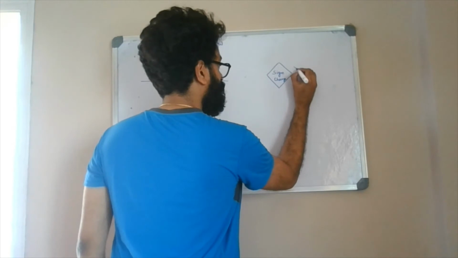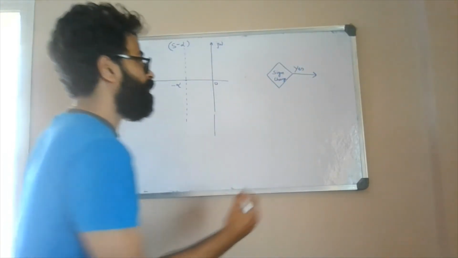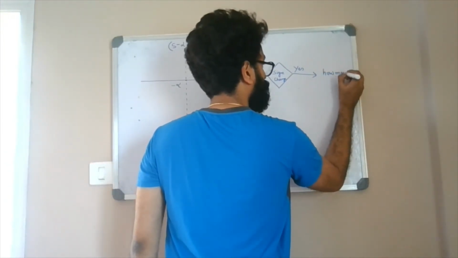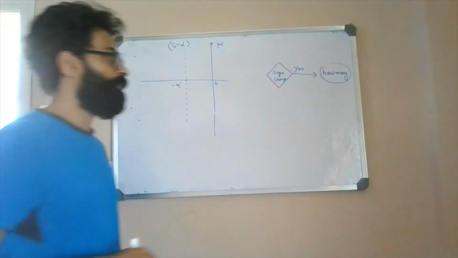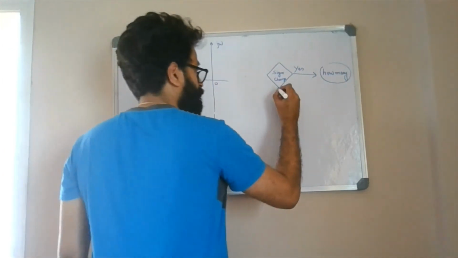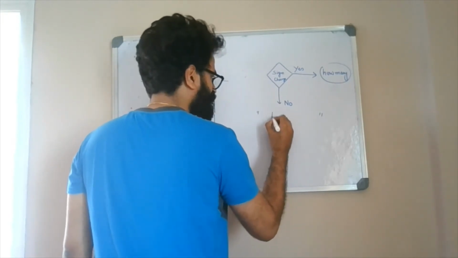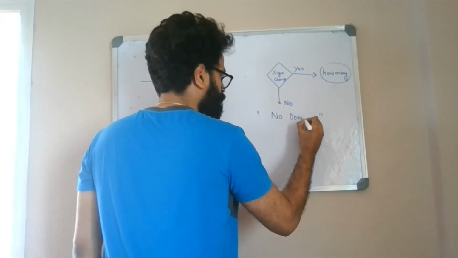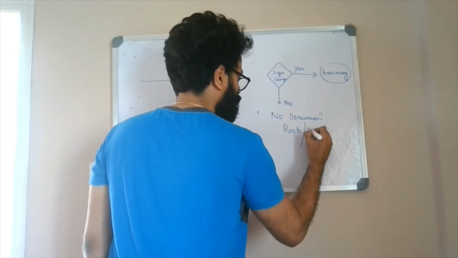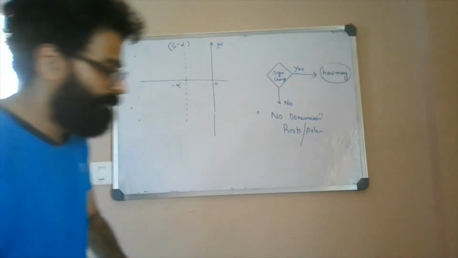If there is sign change, you will be able to know how many sign changes are taking place. If there is no sign change, then you can simply say that no dominant roots are present.